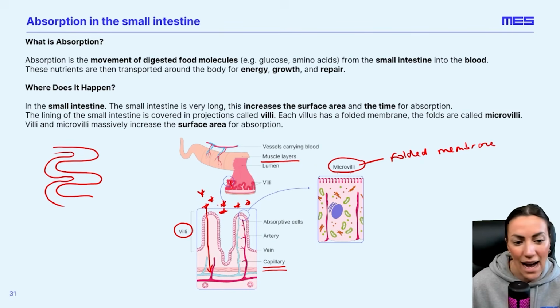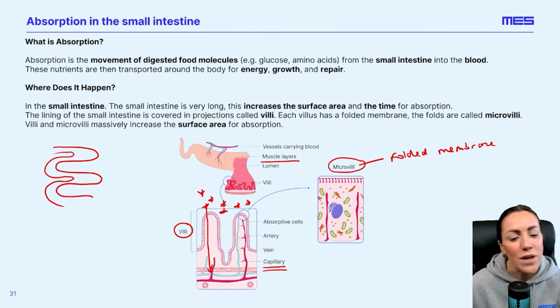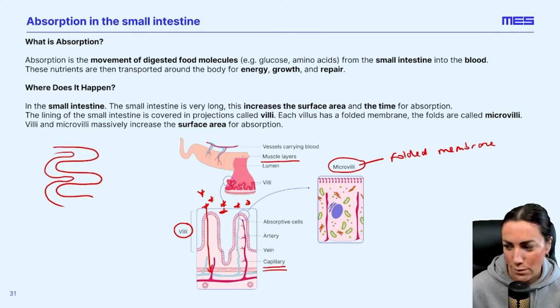Equally, if you had a very high concentration of amino acids in your small intestine, they could diffuse from a higher concentration to a lower concentration from inside your small intestine into your bloodstream. If the concentration is lower in the small intestine, we do use active transport as well, which we're going to talk about towards the end of this presentation.